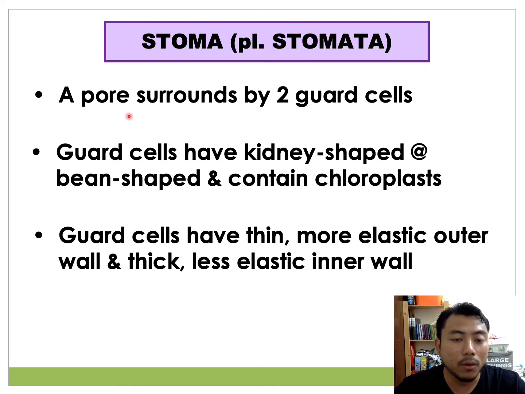It is a pore surrounded by two guard cells. Guard cells are kidney shaped or bean shaped, and contain chloroplasts. Guard cells have a thin, more elastic outer wall and a thick, less elastic inner wall. Maksud dia dinding dia dekat bahagian luar tu adalah lebih nipis dan lebih elastik, maknanya lebih stretchable. Yang dinding bahagian dalam dia lebih tebal dan kurang elastik, kurang stretchable.